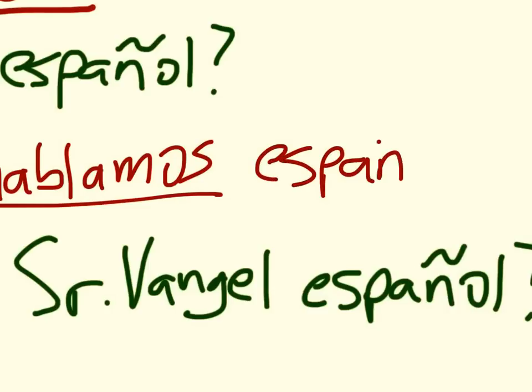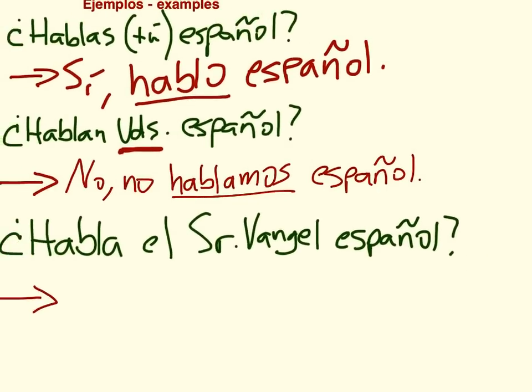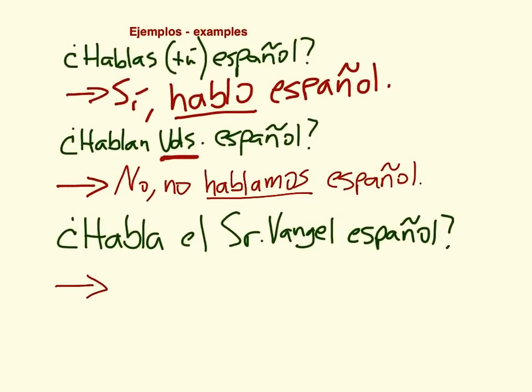So I just responded, no, we don't speak Spanish. Excuse me again. The reason we need two no's is because we need two no's in English as well. No, we do not. Those are two no's. No, we don't. Two no's. So that's why you have to put two no's like that in Spanish.